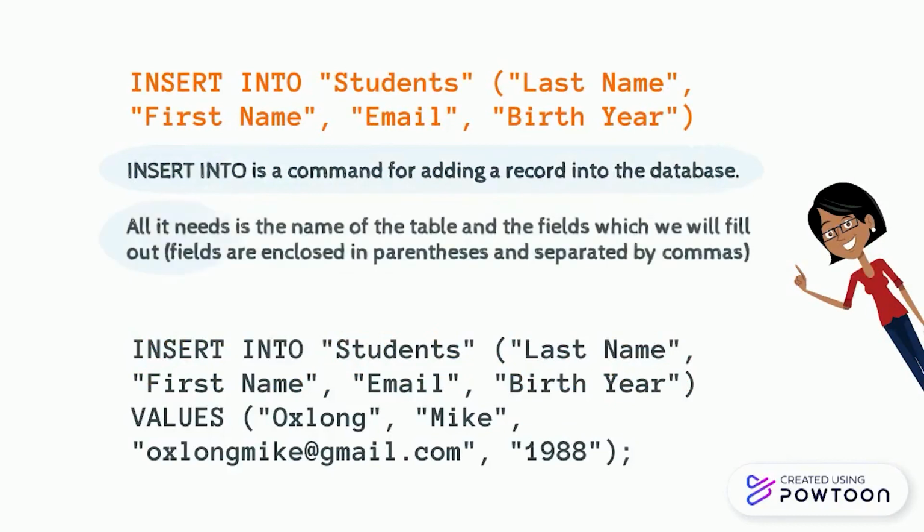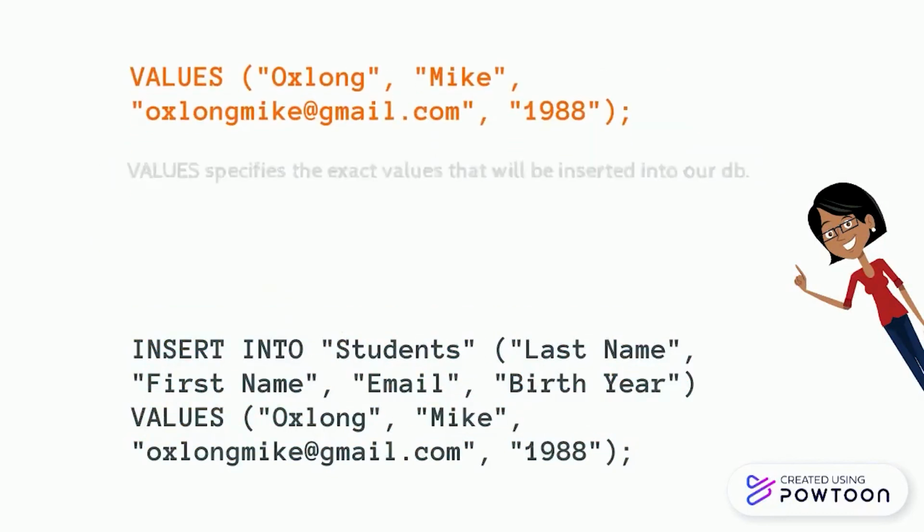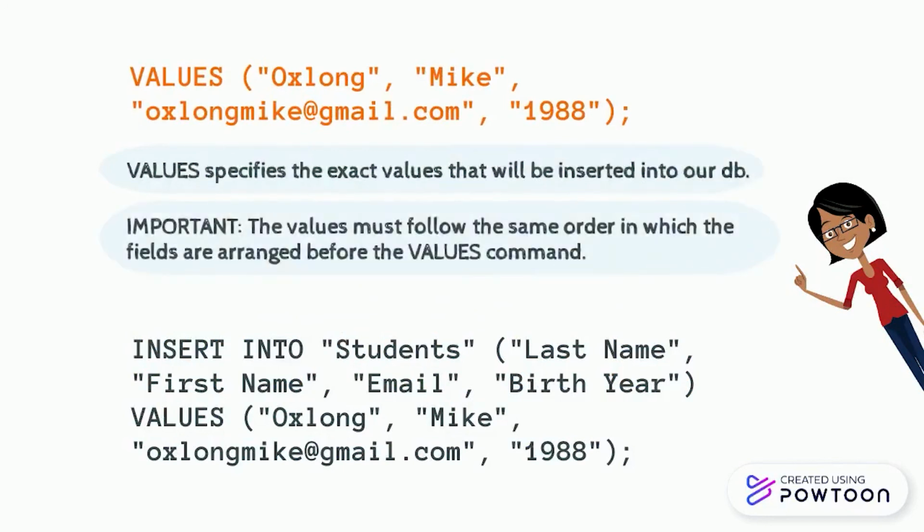All it needs is the name of the table and the fields which we will fill out. Take note, fields are enclosed in parentheses and separated by commas. Values specifies the exact values that will be inserted into our database. Take note that values must follow the same order in which the fields are arranged before the values command.